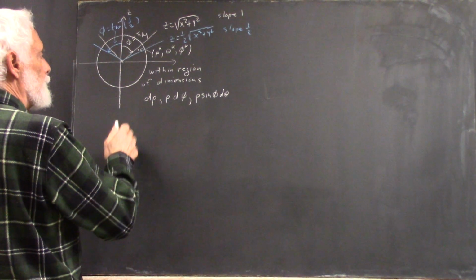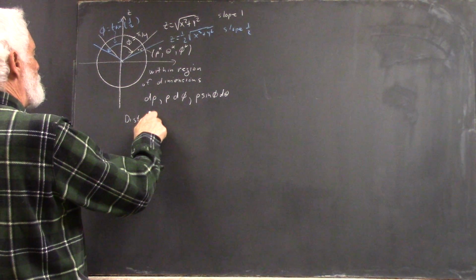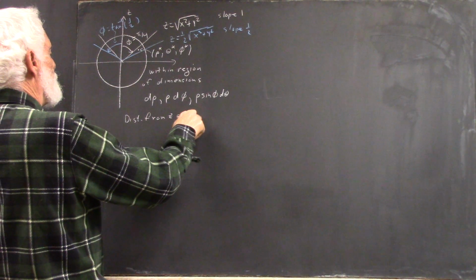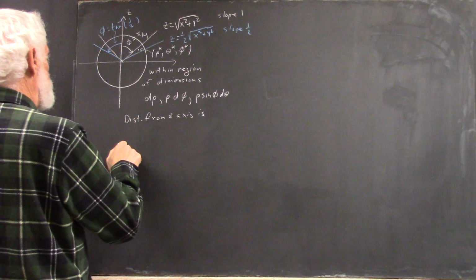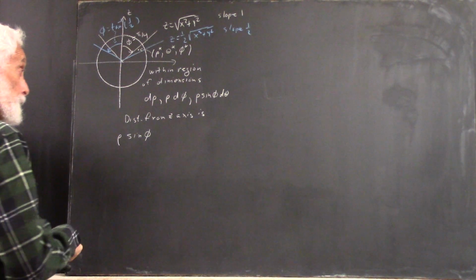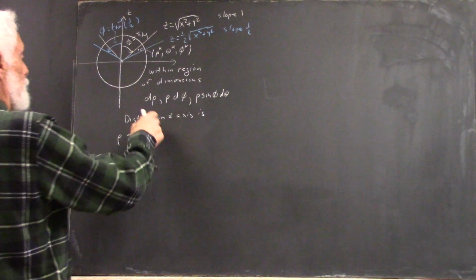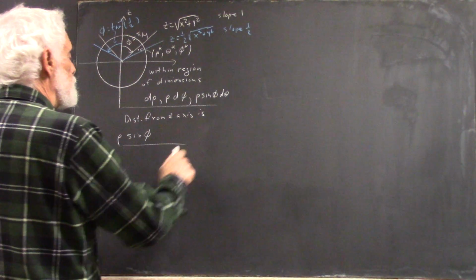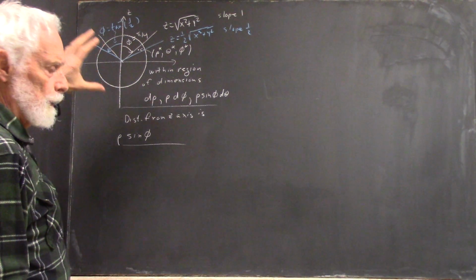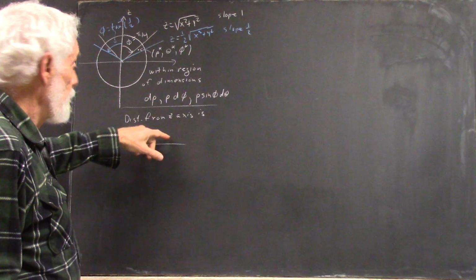The distance from the z-axis is rho sine phi. And this all should be obvious. I'm not going to draw it all out, because really what we're doing is looking at the correspondence, and presumably we understand all of this.